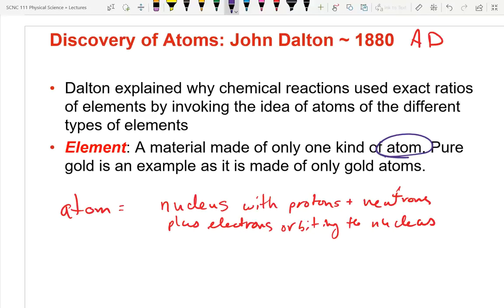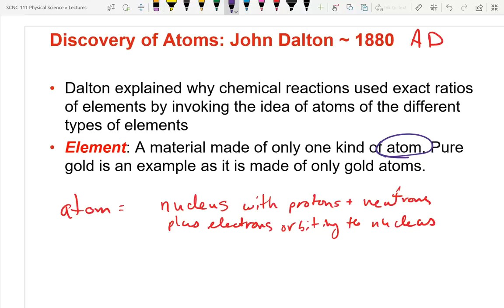Now RH, the 45 up in the corner is super important.